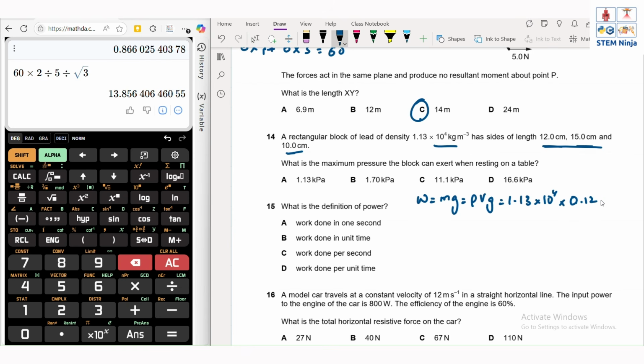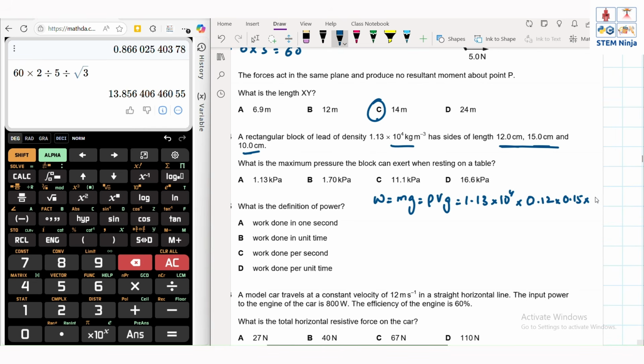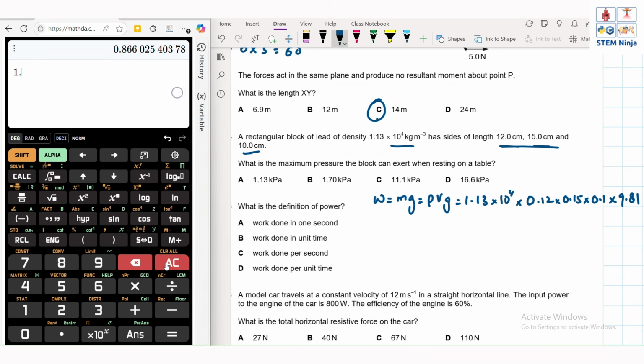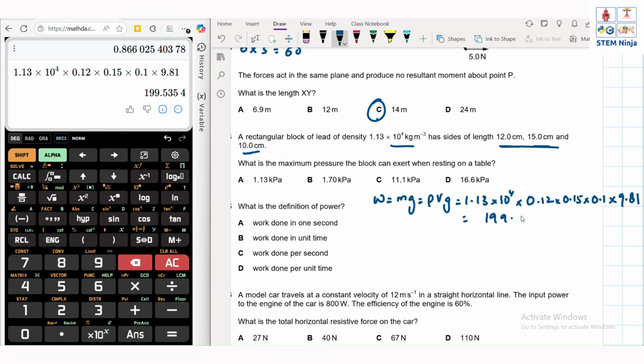So 0.12, 0.15, and 0.1 times 9.81. So this is roughly about 199.5354, roughly about 200 newtons. So this is the weight.